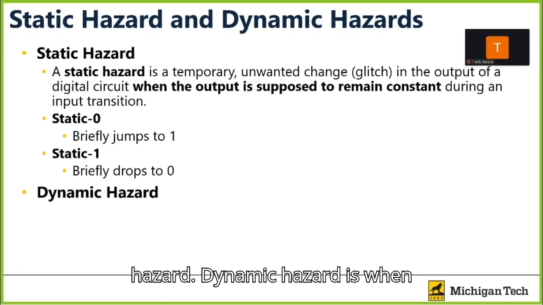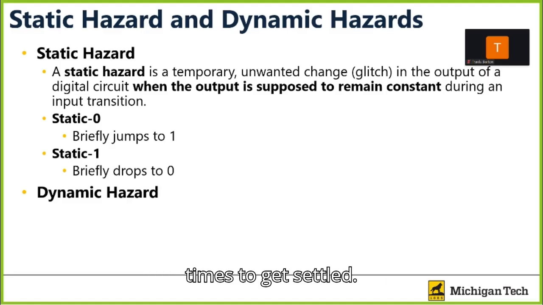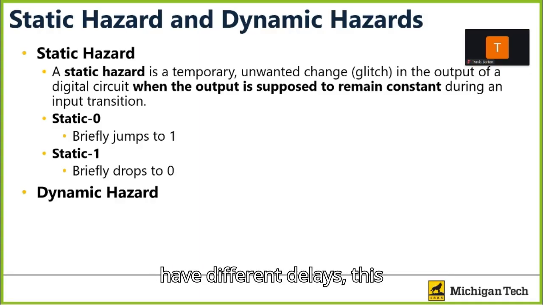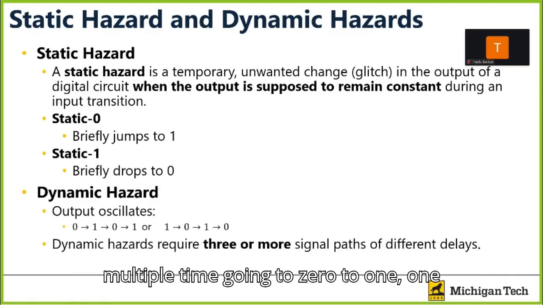Dynamic hazard is when the output is oscillating multiple times to get settled. In dynamic hazard, normally we have multiple paths. When we have multiple paths that have different delays, this causes this fluctuation. You are multiple times going from 0 to 1, 1 to 0.